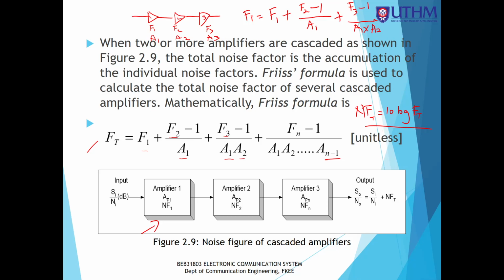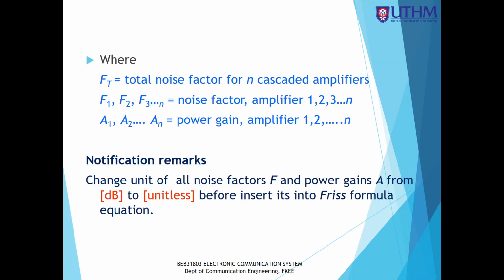However, during the COVID pandemic, because we did the exam online, we don't give the equation, so you can find from the notes. Okay, so this is the example up to 3 cascaded amplifiers.